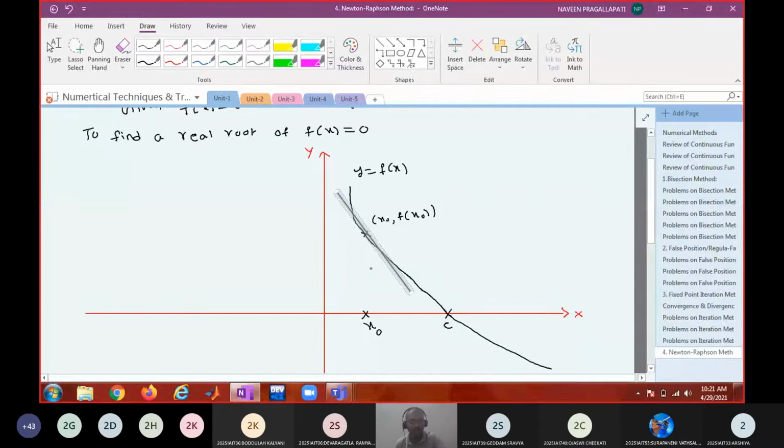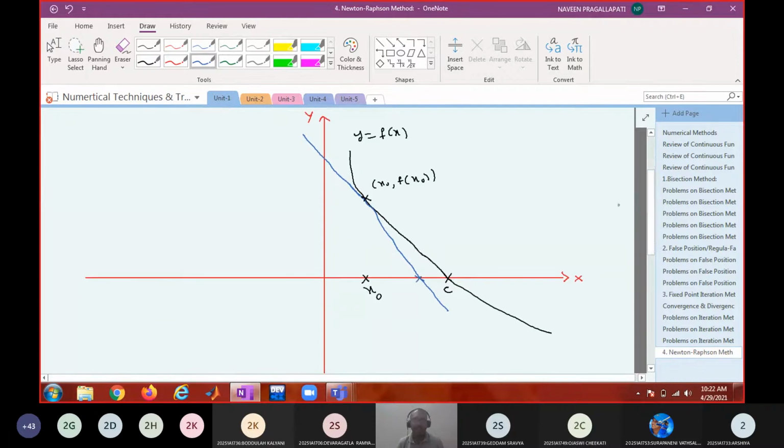I think it is better to draw it by hand, something like this. See where this tangent is crossing the x-axis. Okay, so that point of intersection of the tangent with the x-axis is going to be your next approximation.